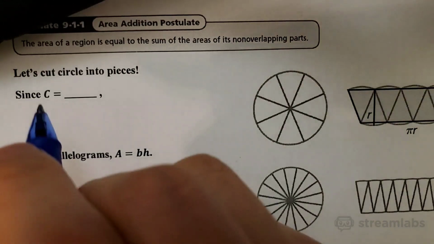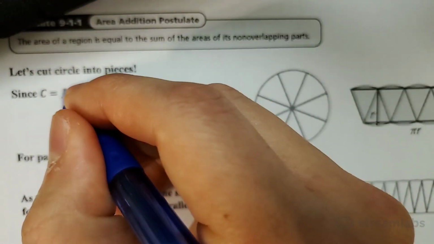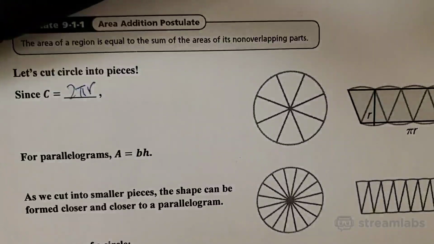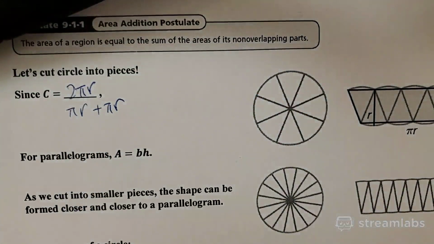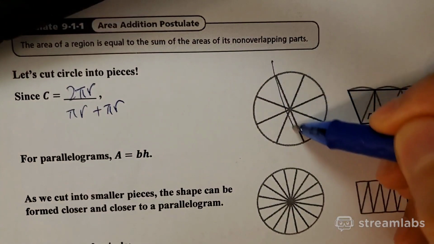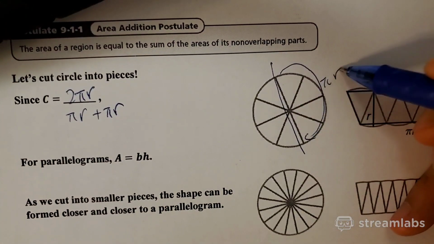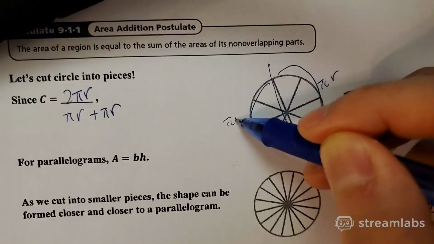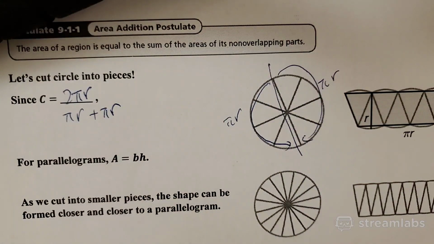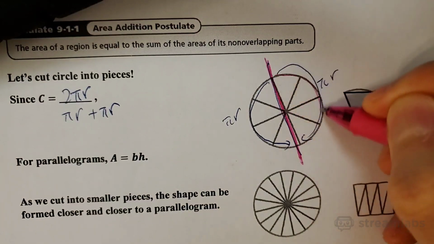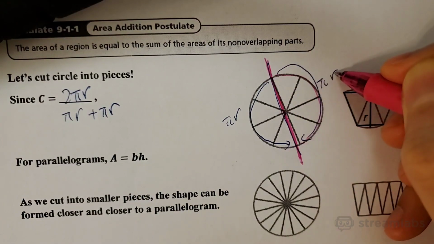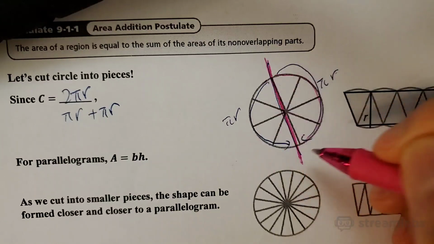Since I know that circumference is 2 pi r, that is pi r plus pi r, two parts of the length. If I cut in the middle, one side is pi r, the other side is also pi r. Do you agree? If I cut this in half, one length on the side is pi r, half the circumference, and the other side is pi r.